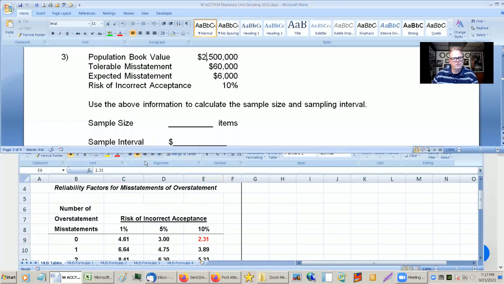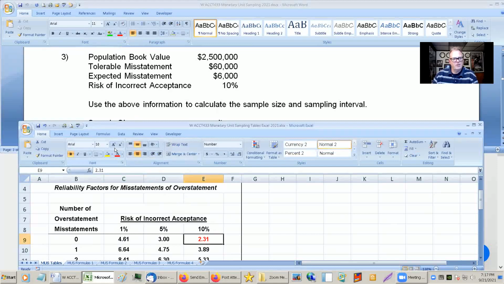Maybe I should do it differently. Here we go. So at 10%, the first row here is the row we use, and it's going to be 2.31.